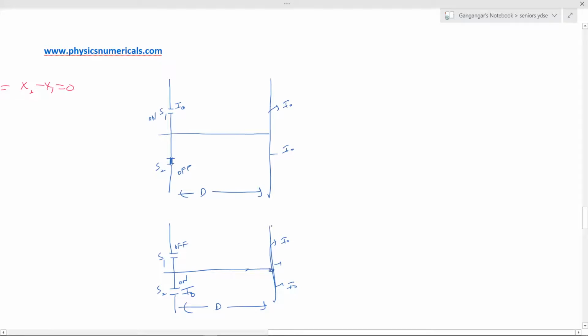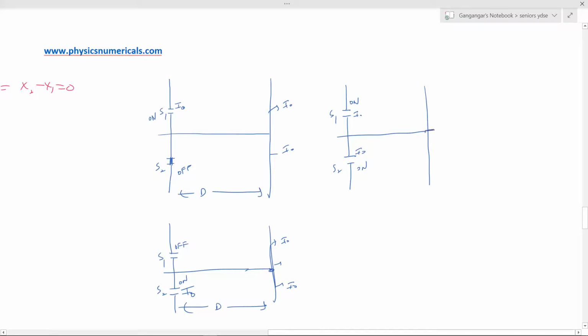Now when both are on, what do we expect? This is S1, S2. When both are open, the intensity is I naught and I naught. What do you expect? Everywhere you will think 2 I naught.